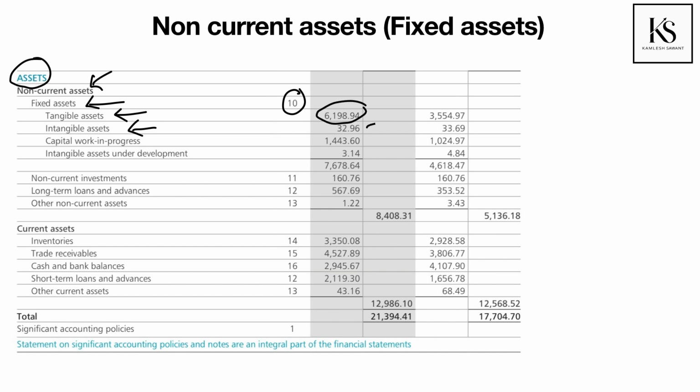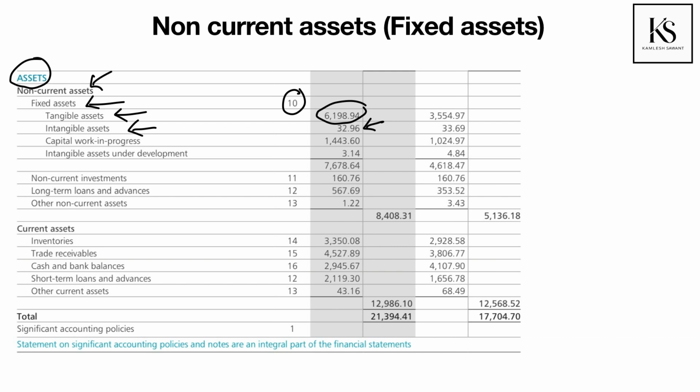If you notice, within the non-current assets, there is a subsection called fixed assets, with many line items under it. Fixed assets are assets, both tangible and intangible, that the company owns, which cannot be converted to cash easily or which cannot be liquidated easily.